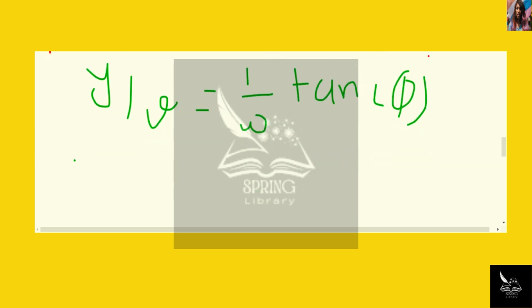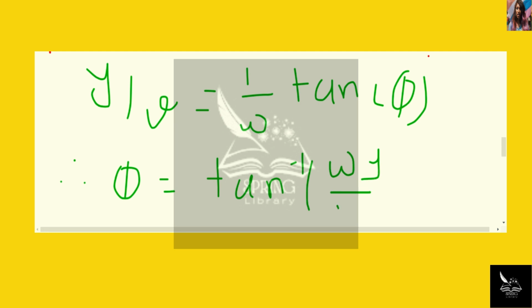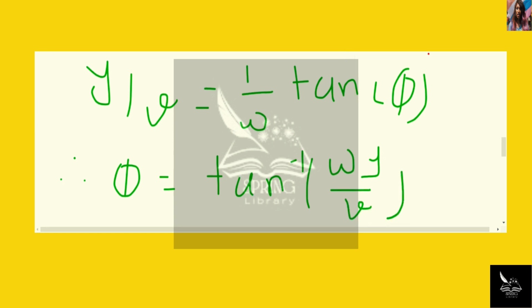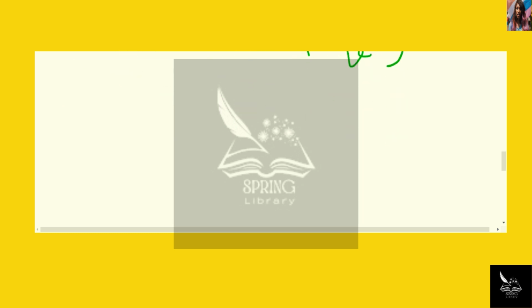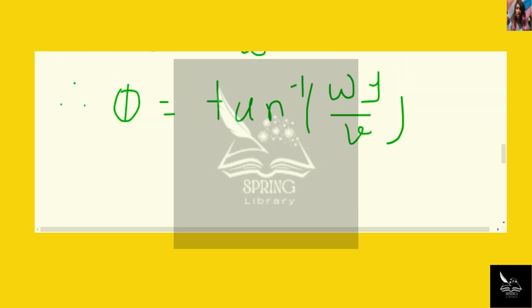Now to solve for the phi angle, I can write phi will be equivalent to tan inverse of omega y upon v. Now we are going to substitute again omega, which is equivalent to 2 pi upon T in this equation, and also put the numerical values here.